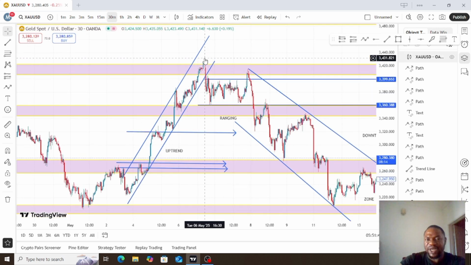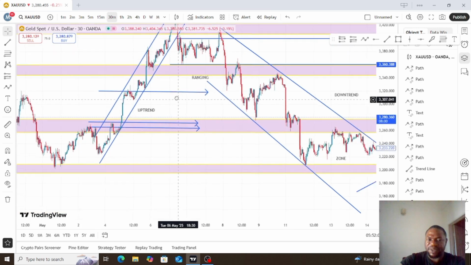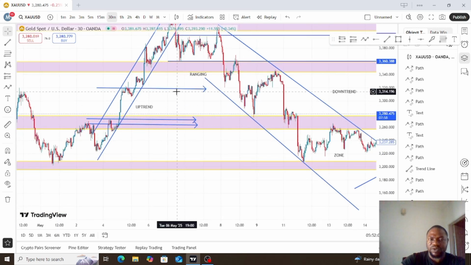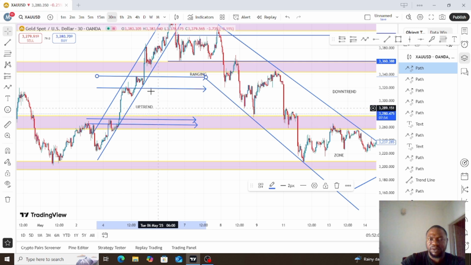Do you know how much you would have made before the market gave us an equal high here? Because it couldn't break through this high, it started coming down, broke through the previous low and started giving us lower highs and lower lows. You understand what I'm saying? These are all breakout structures. The market broke another structure here.